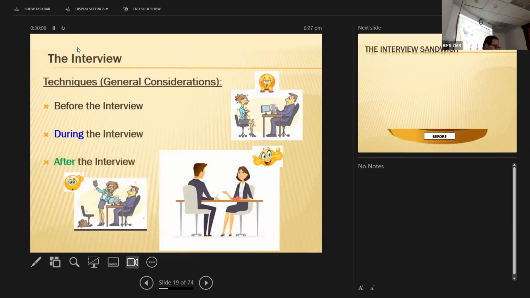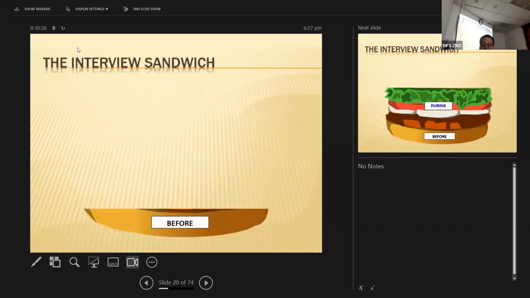There's something I refer to as the interview sandwich, to help you think of it more vividly. If we look at a hamburger sandwich, the bottom of the bread is your before, that's your base. There are some things you do with that, whether you toast it lightly or spread your mayonnaise or mustard or butter, however you do it.